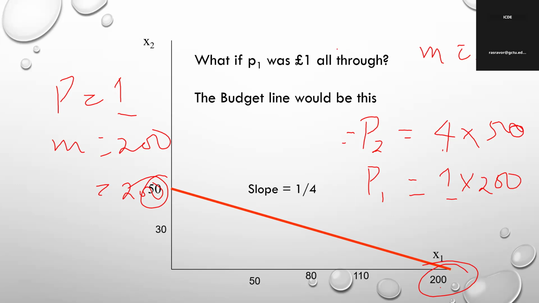Then I will determine where I will be. I can buy some quantity here. It depends. So what we are doing is we are just getting the extremes here. As to where you will be in the middle, it's up to you. It's up to the various combinations you want.